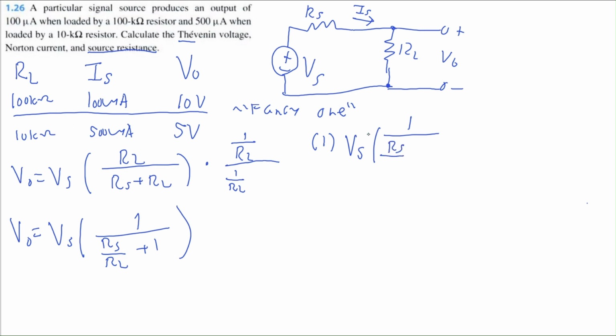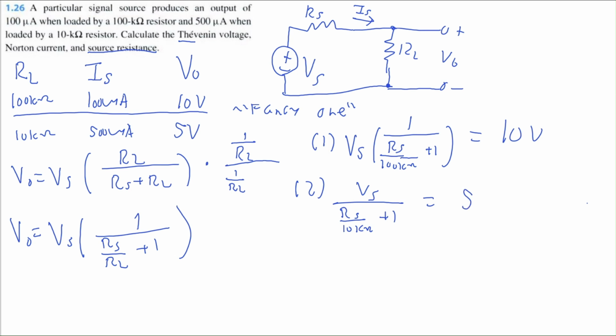In our first row, RL is equal to 100 kiloohms, plus 1 equals 10 volts. And in our second row of data, I'm just going to write VS in the numerator now. VS divided by RS divided by 10 kiloohms for our second row plus 1 equals 5 volts. So now I have two equations with two unknown variables, so I should be able to solve for them.